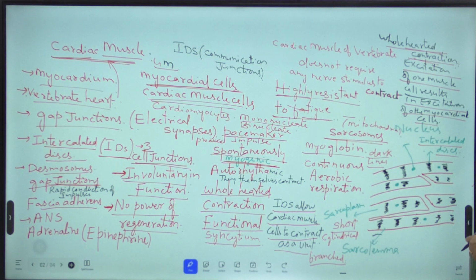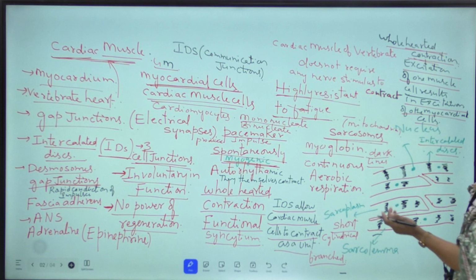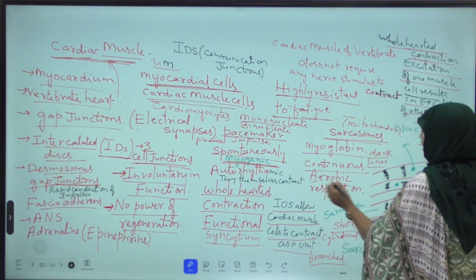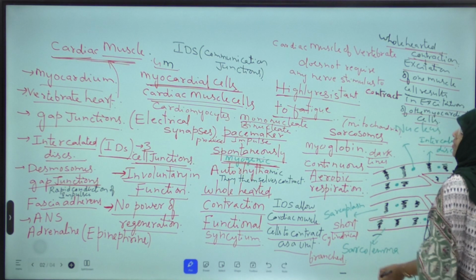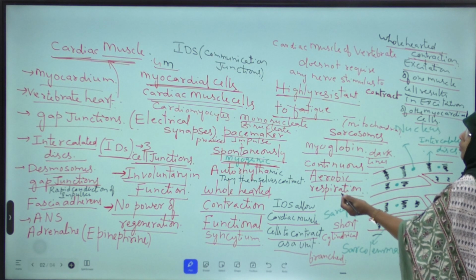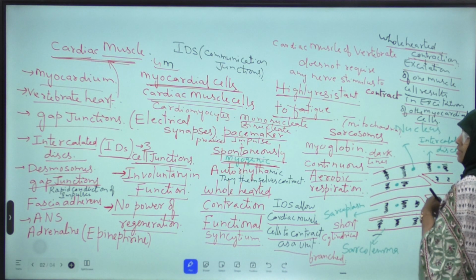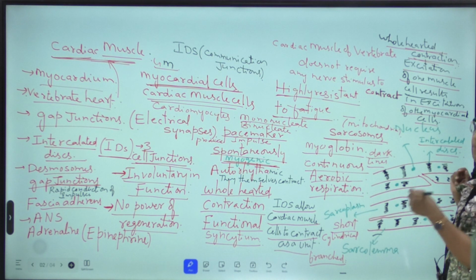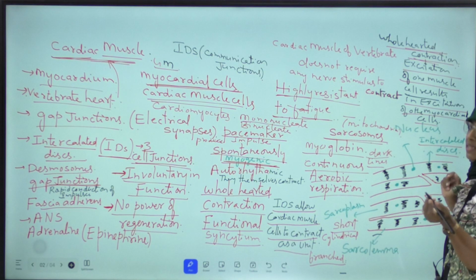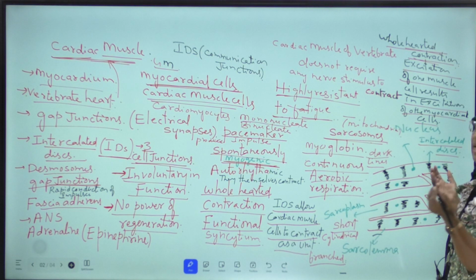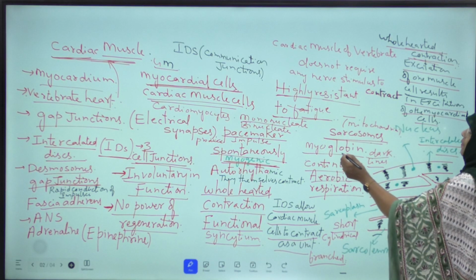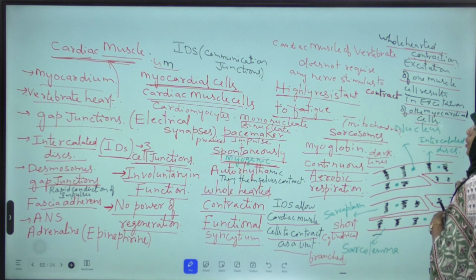Hemoglobin of the muscle cell is called myoglobin. Many myoglobin molecules facilitate continuous aerobic respiration. Myoglobin is the oxygen storing pigment, nothing but the hemoglobin of the muscle cell.